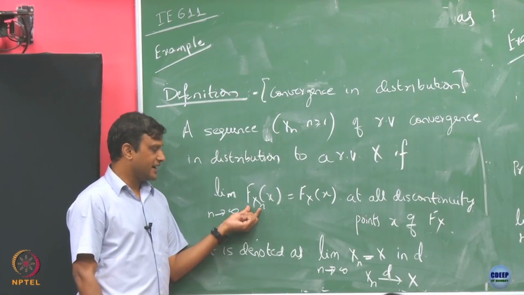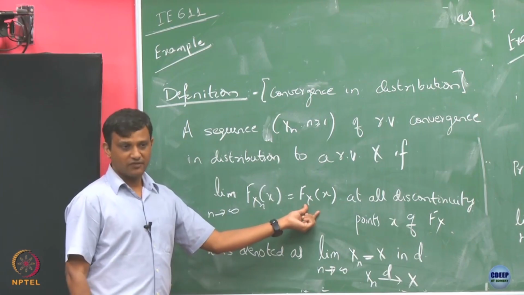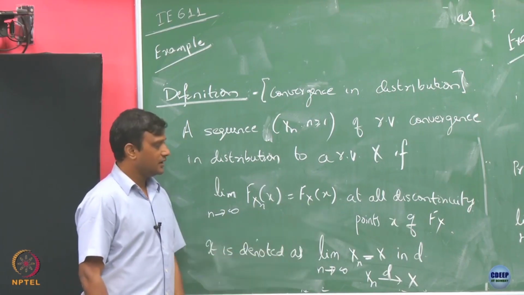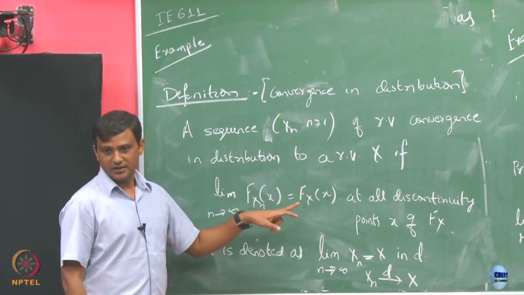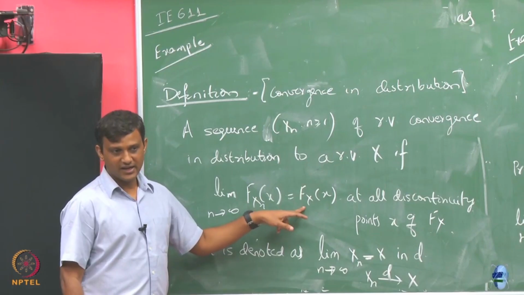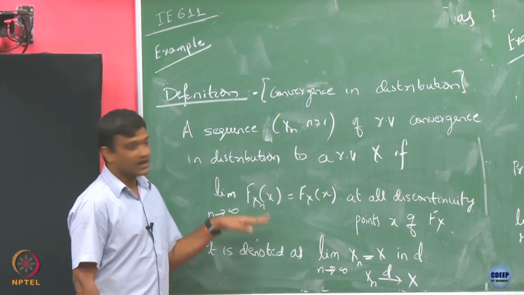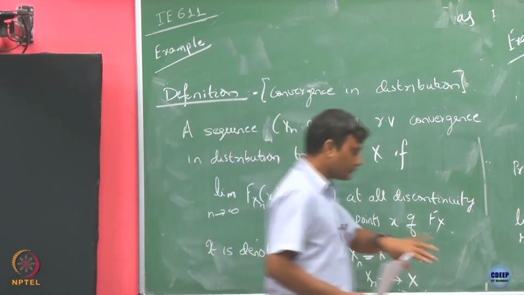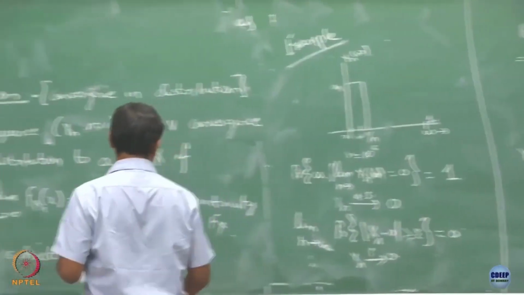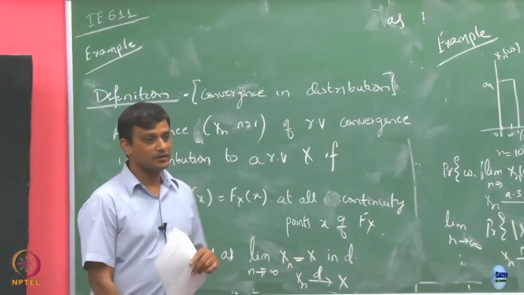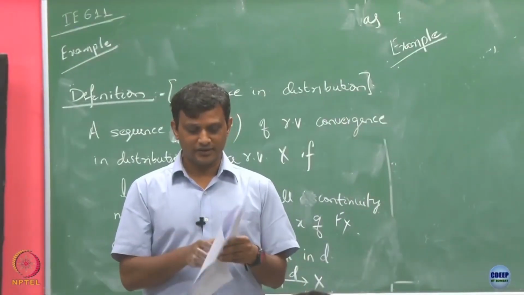If you look at them at a point x and they converge to the CDF F of x at that point, where these points x are continuity points of the CDF of the limiting distribution, then we call it convergence in distribution. Fine, let us stop here.